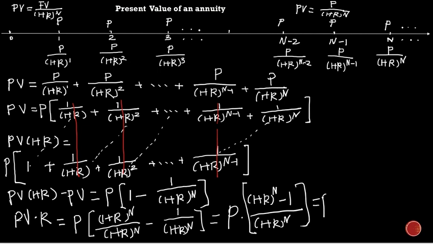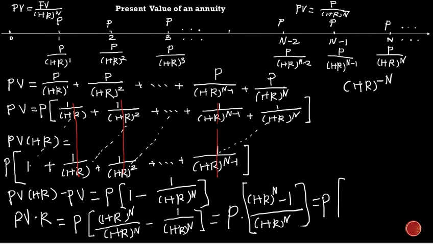So for every term inside the bracket, we multiply by 1 plus R to the minus n power.